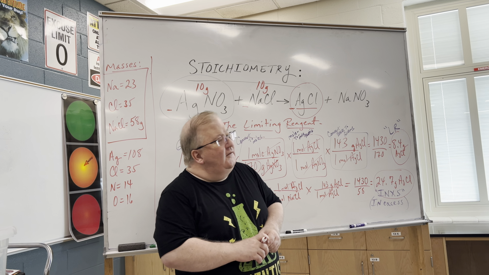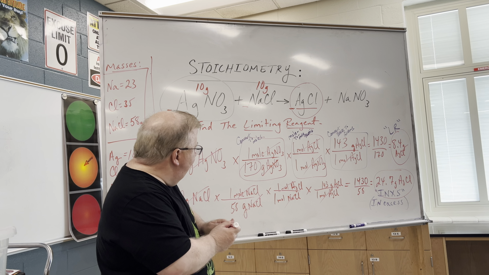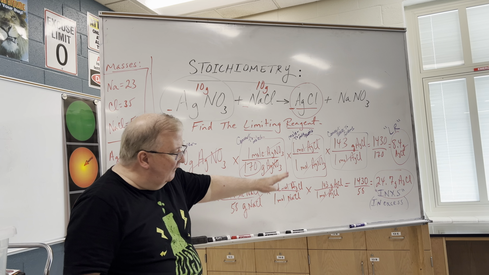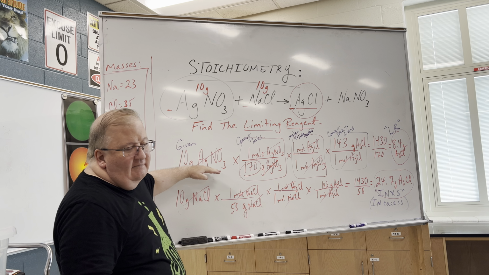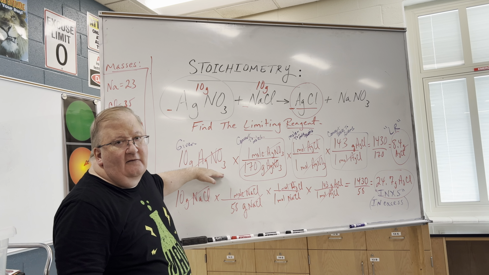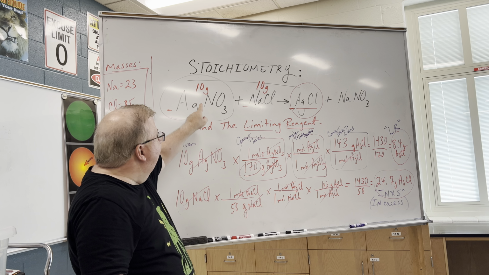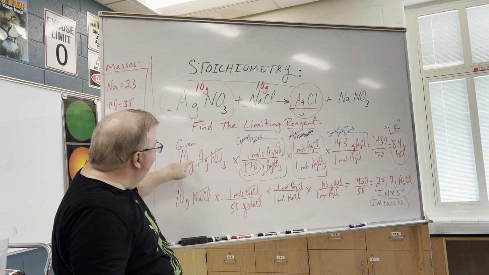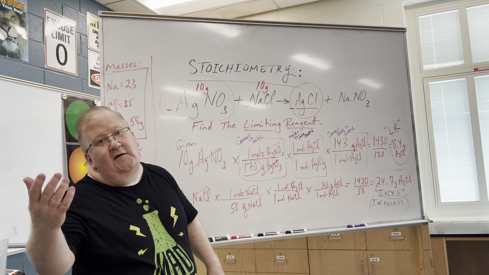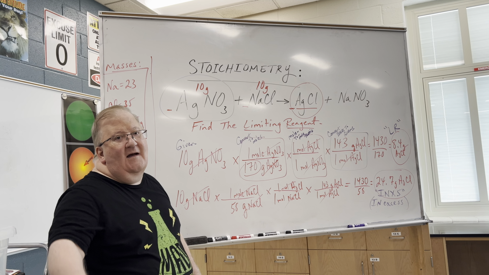Okay, so if you go back and look, even though it may look like a bunch of steps, it's really not difficult if you keep the big picture. You write down the given for each reagent. Given is 10 grams for this one, 10 grams for that one. It could have been 2 grams and 20 grams, or 50 grams and 1,000 grams.